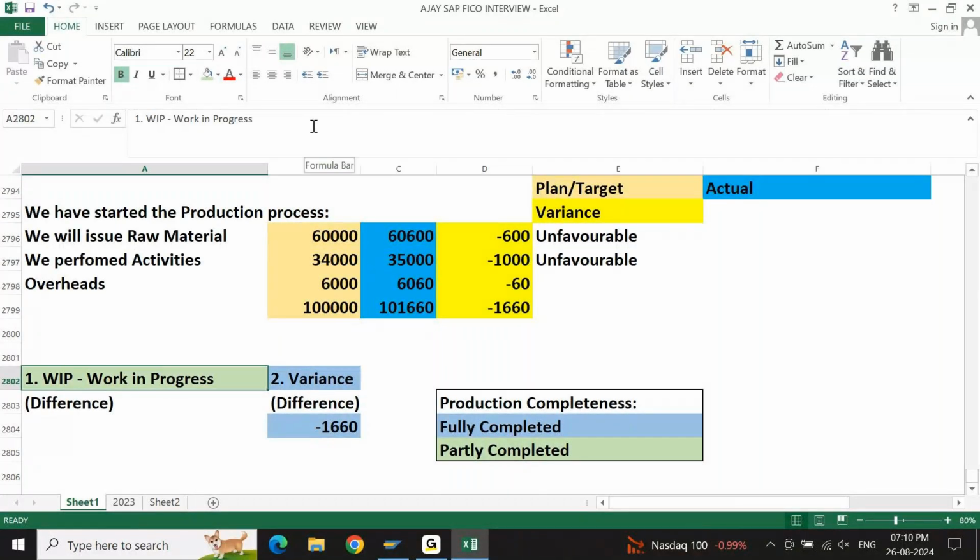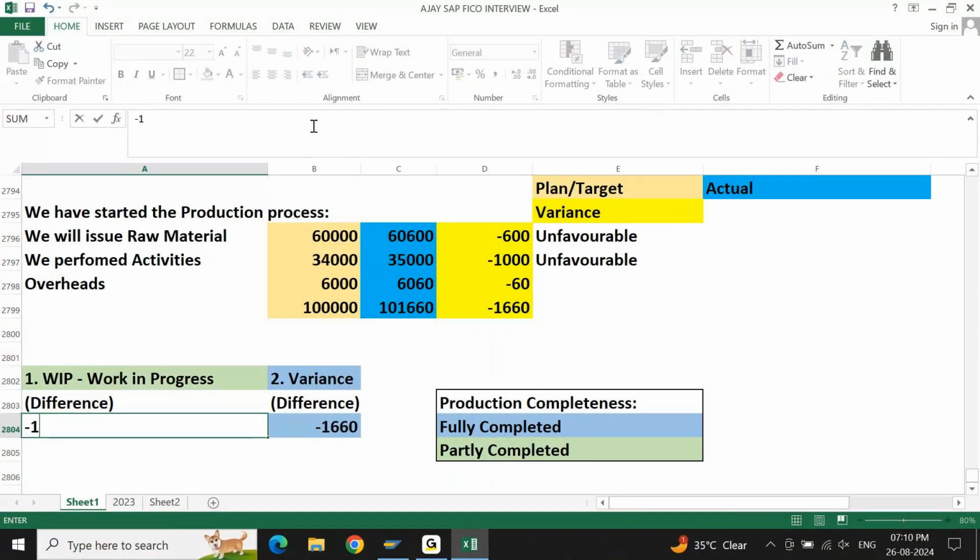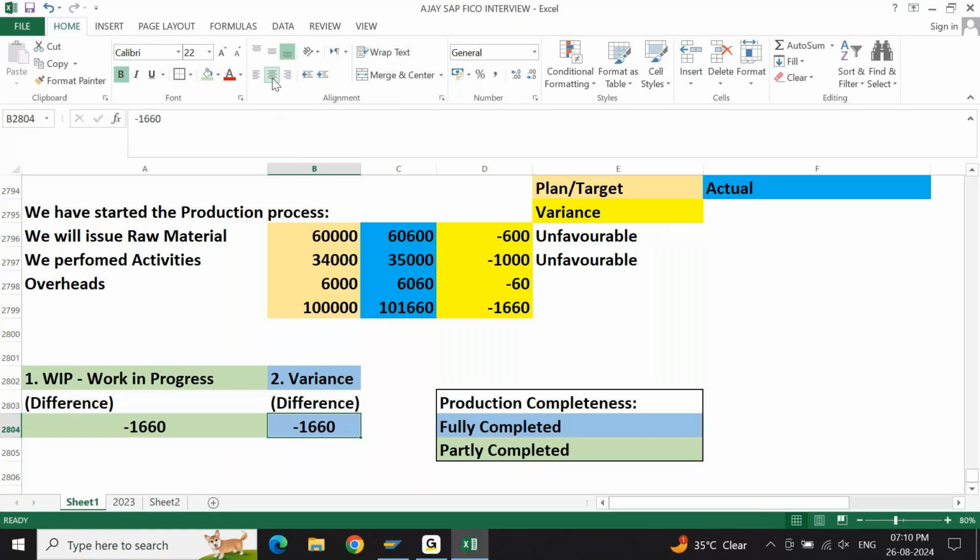Until it's fully completed, we cannot calculate the variance. Variance is where you are going to settle to the product.